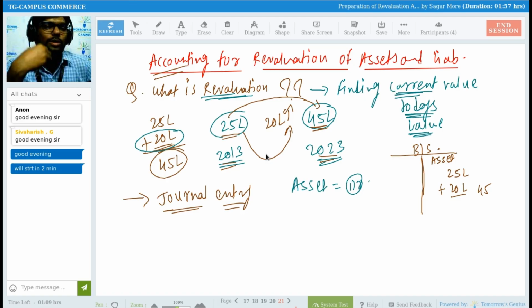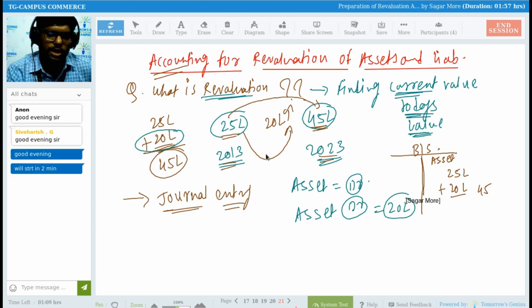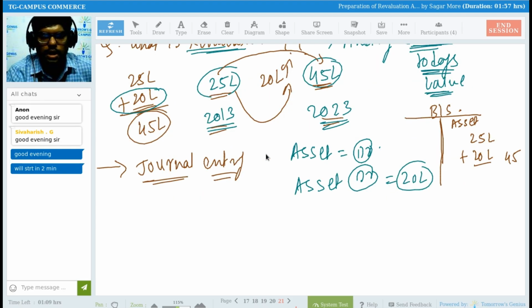So whenever you want to increase the value of an asset, you have to debit it or credit it? Debit it. So you are going to debit that same asset for how much amount, sir? For 20 lakh rupees today. So it is clear, sir. When we pass the journal entry, I will be debiting the asset account.